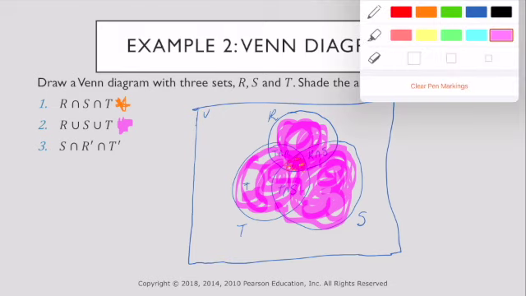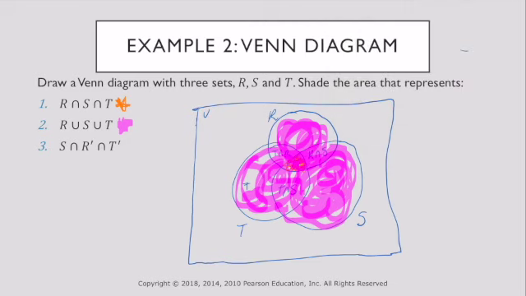We're going to go with yellow. Okay, so remember that T complement is everything not in T. So that's going to be all of this, right? Like everything not in T. It's going to be all of this. So that's T complement.